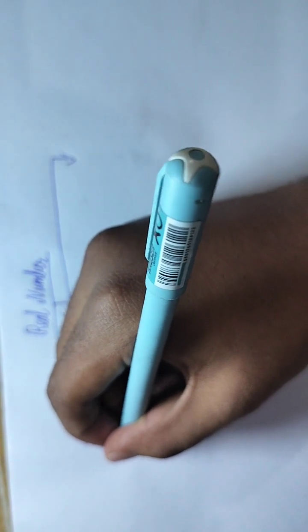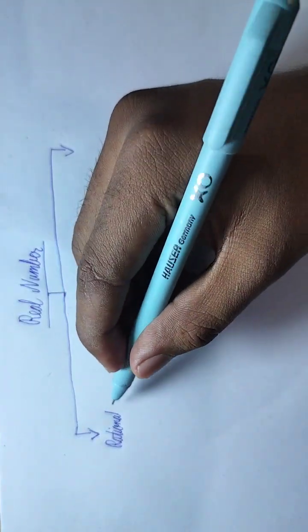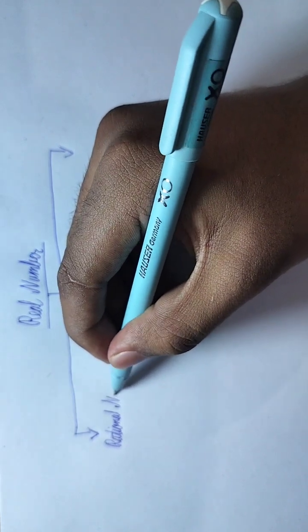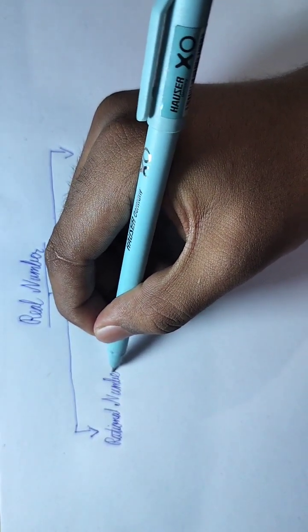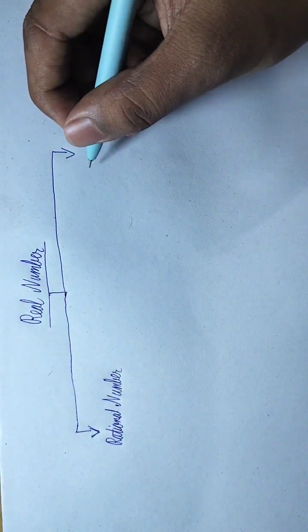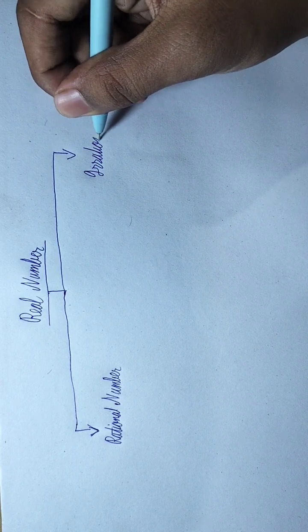One is rational number and another is irrational number.